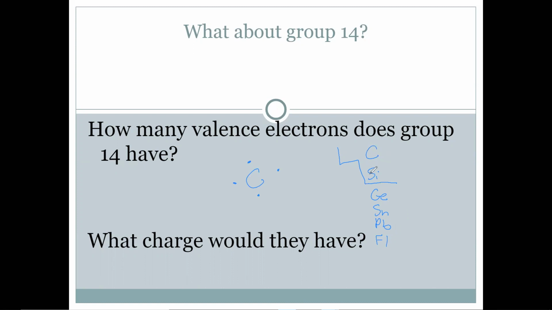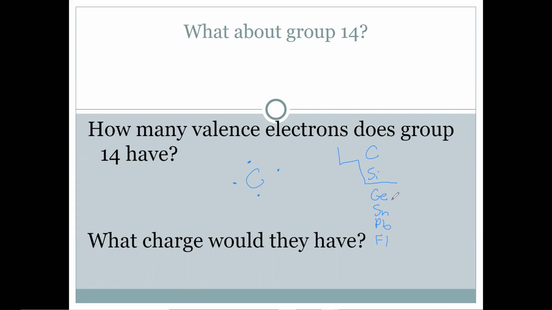Carbon is a nonmetal, no question about that. Silicon is a metalloid, as is germanium, but tin, lead, and flerovium are metals.